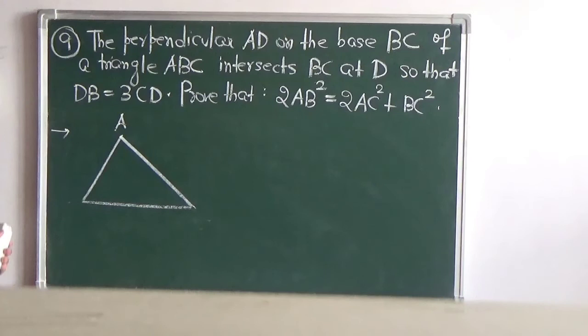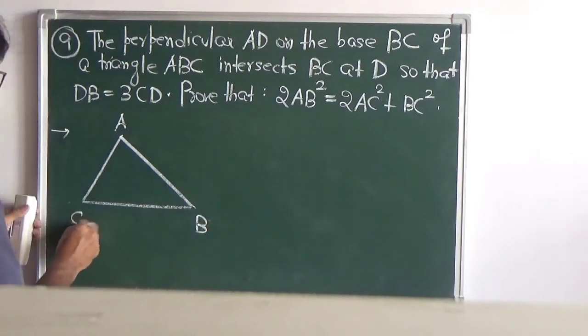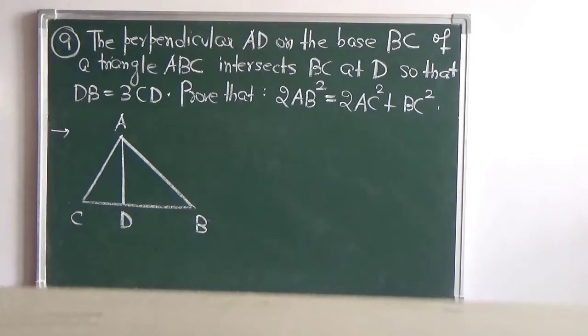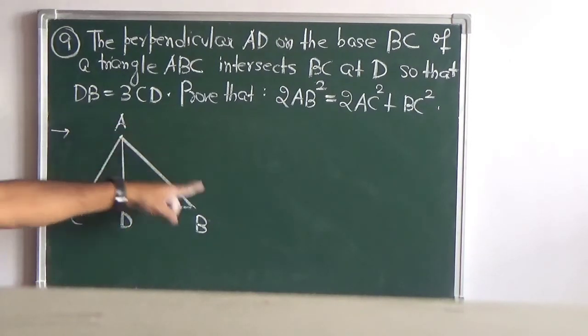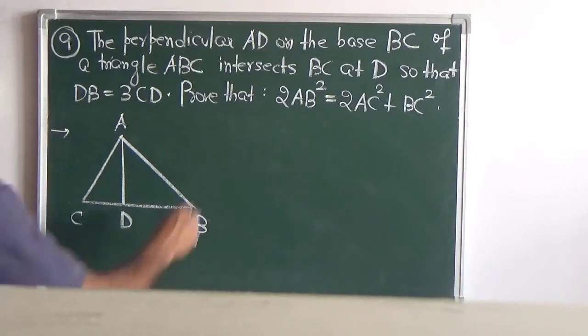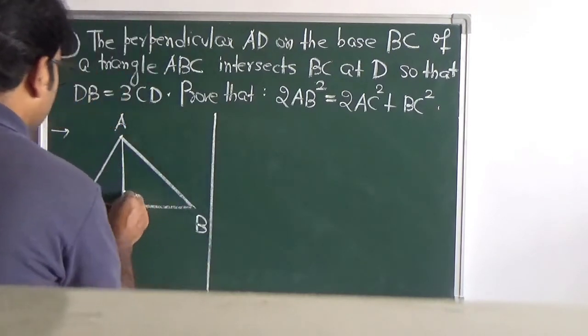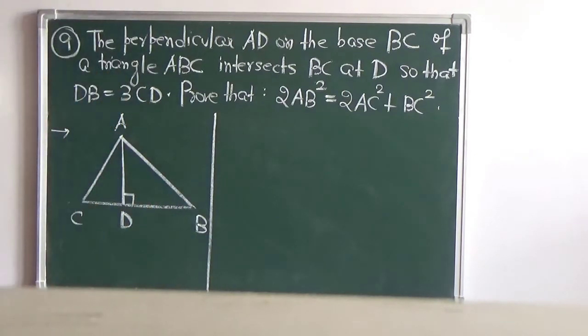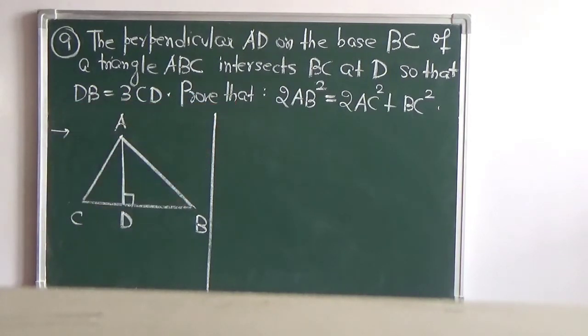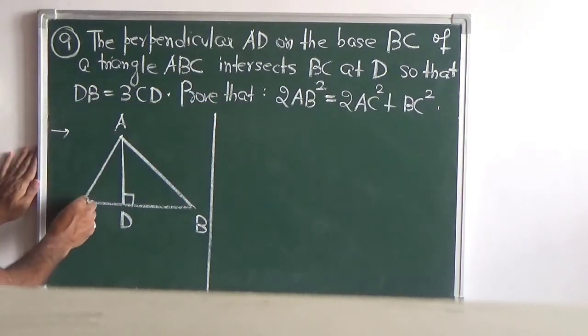This is B, this is C, the perpendicular, this is D. Why have I written B here? Because DB is 3 times CD, so CD is smaller. So I have written the vertices A, B and C in the clockwise direction. Now this is perpendicular.